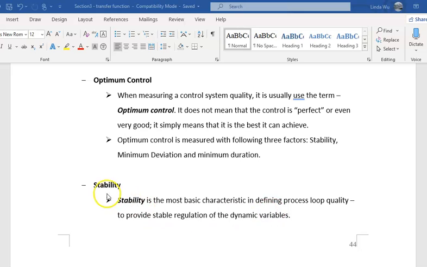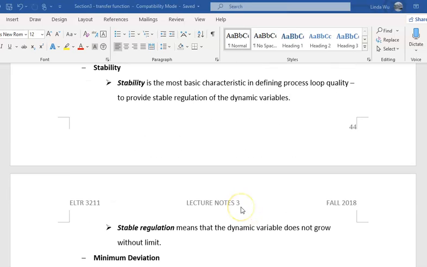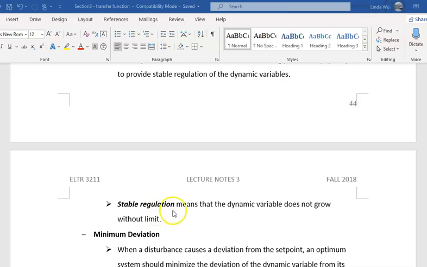The first is stability, a very important concept for a control system. Basically we want to provide a stable regulation of dynamic variables, and this stable regulation simply means we don't want the dynamic variable to grow without limit.